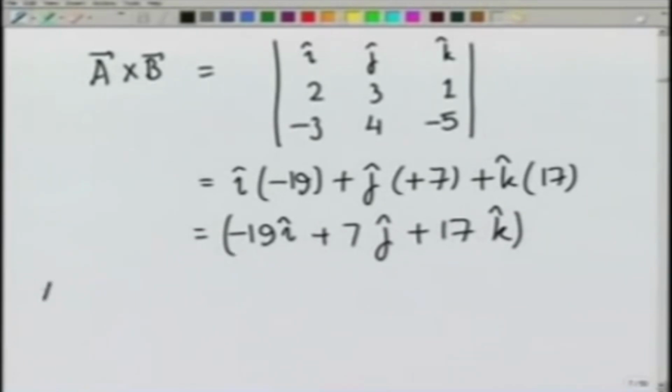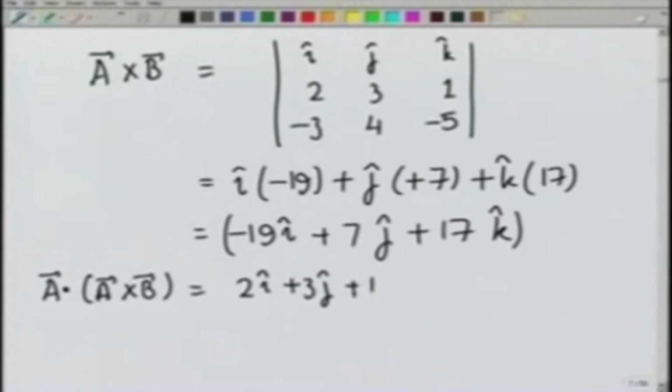Let us take A dot A cross B, which is equal to 2i plus 3j plus k dotted with minus 19i plus 7j plus 17k.